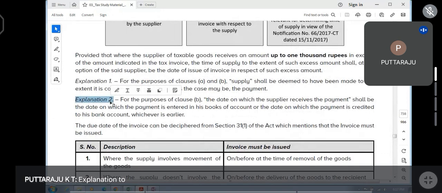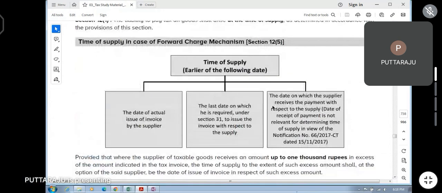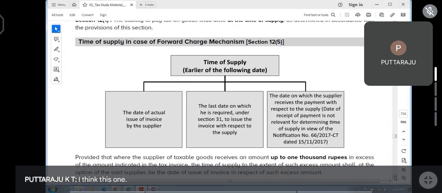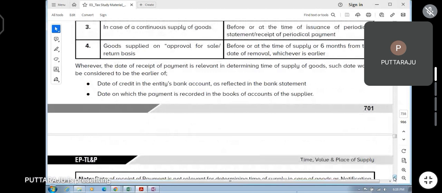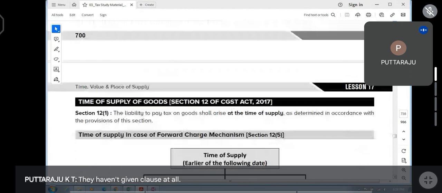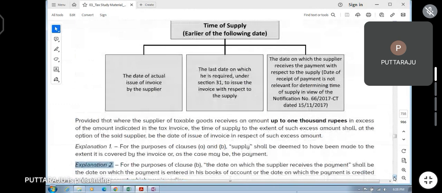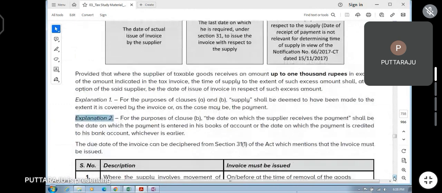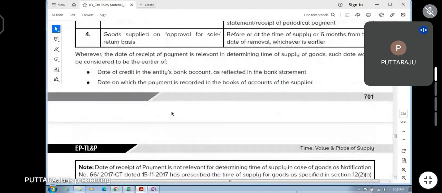Explanation 2. For the purpose of clause B. Clause B means, I think this one. They haven't given clause at all. Okay. See.